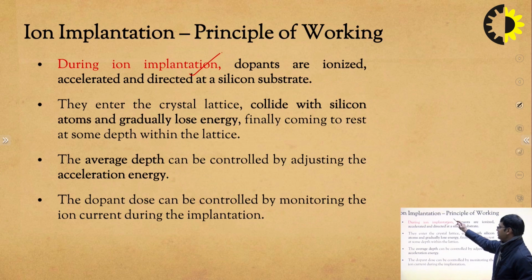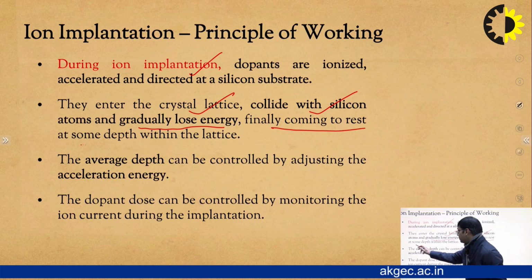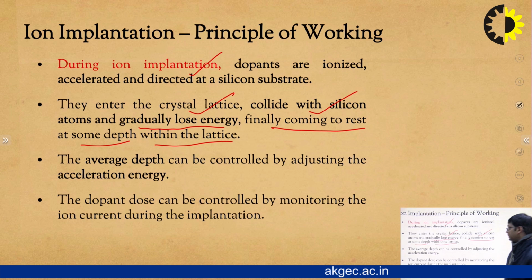During ion implantation, dopants are ionized, accelerated and directed at a silicon wafer or silicon substrate. Then when these dopant ions enter the crystal lattice, they collide with the silicon atoms and gradually lose energy, finally coming to rest at some depth within the lattice.